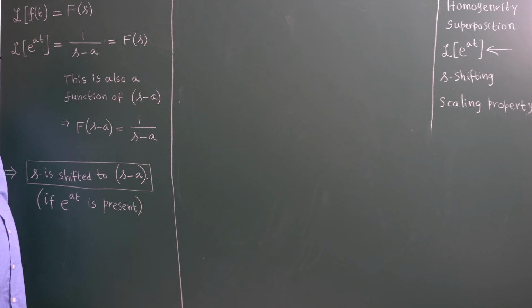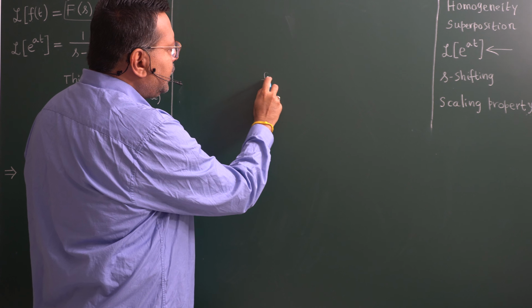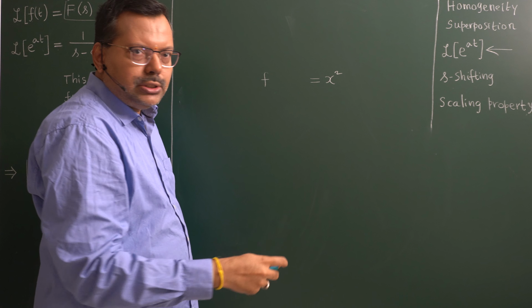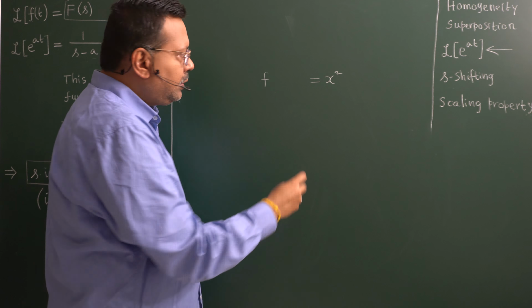Just for information, I would like to write down here, suppose I say that there is a function x square. X square is a function of x. Do you agree? Yes, you agree. The next question: suppose I have x minus 2 whole square.